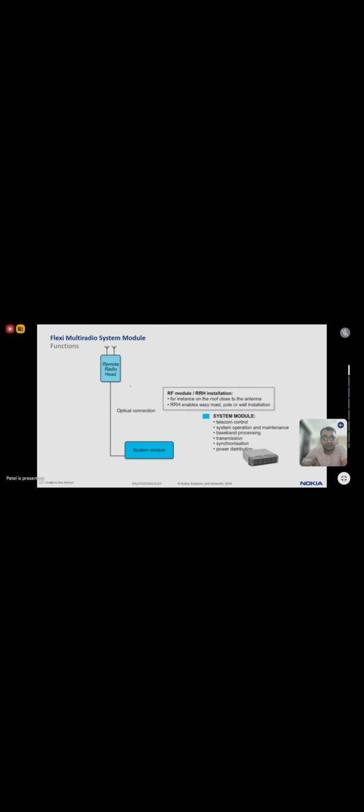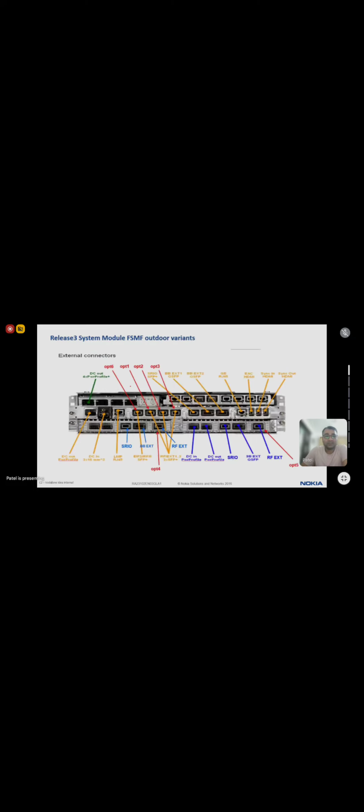So how is it connected and what is the function of the FSMF? Telecom management, system operation, maintenance, baseband processing, transmission, synchronization, and power distribution is done by the system module. Okay, so how does it look and what are the port types in the system module, or FSMF?